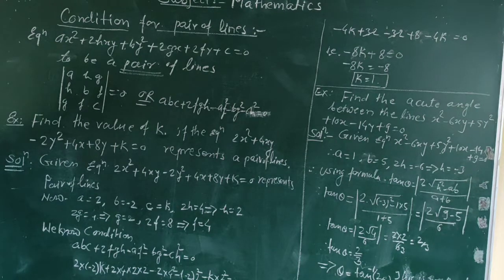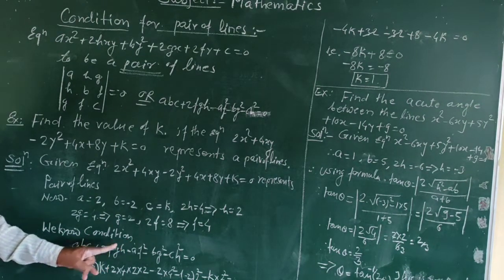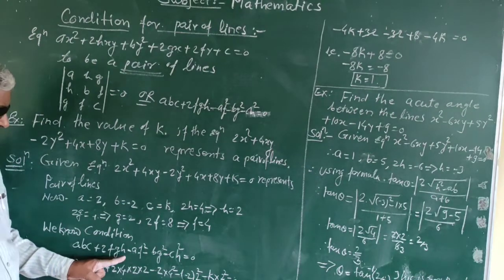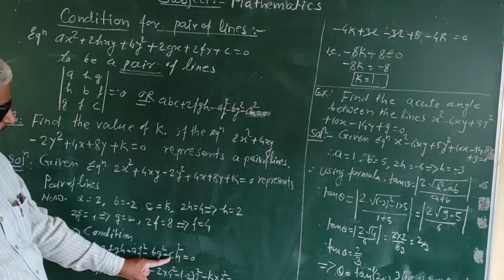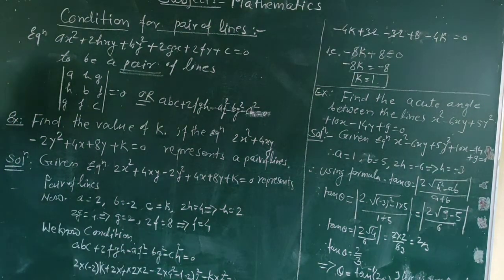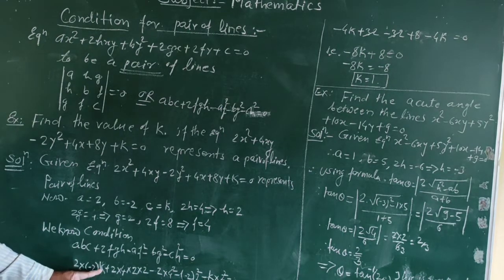Now we apply the condition here. We know the condition abc + 2fgh − af² − bg² − ch² = 0. So we put the values of a, b, c here. a is 2, b is −2 and c is k.